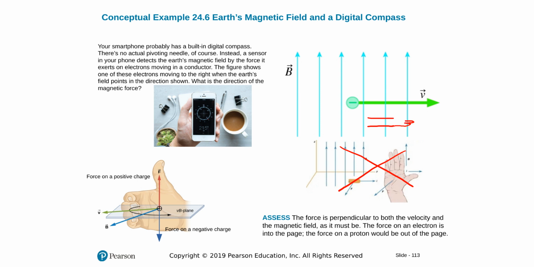First a line along the velocity, then rotate my arm so I will be able to curl my fingers along the magnetic field. Imagine doing that with me. The force will be out for a positive charge. Open my thumb, out for a positive and in for a negative.